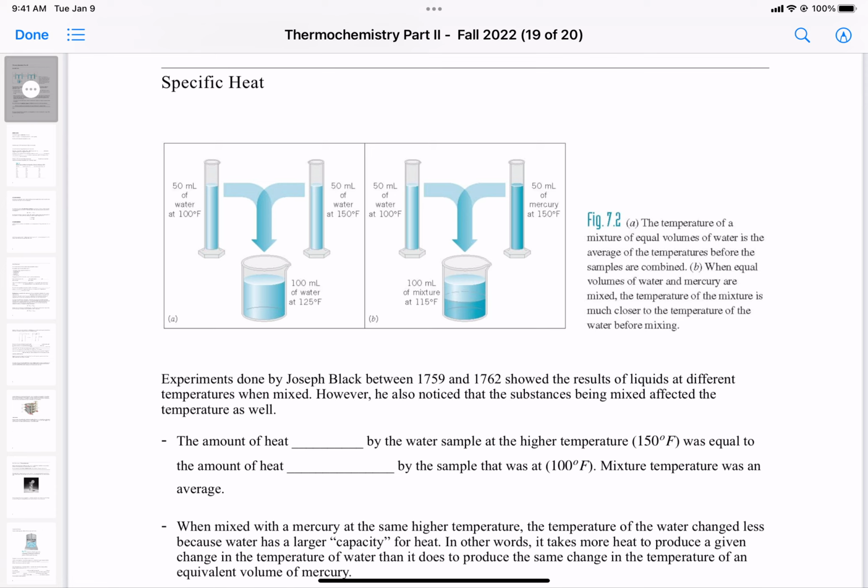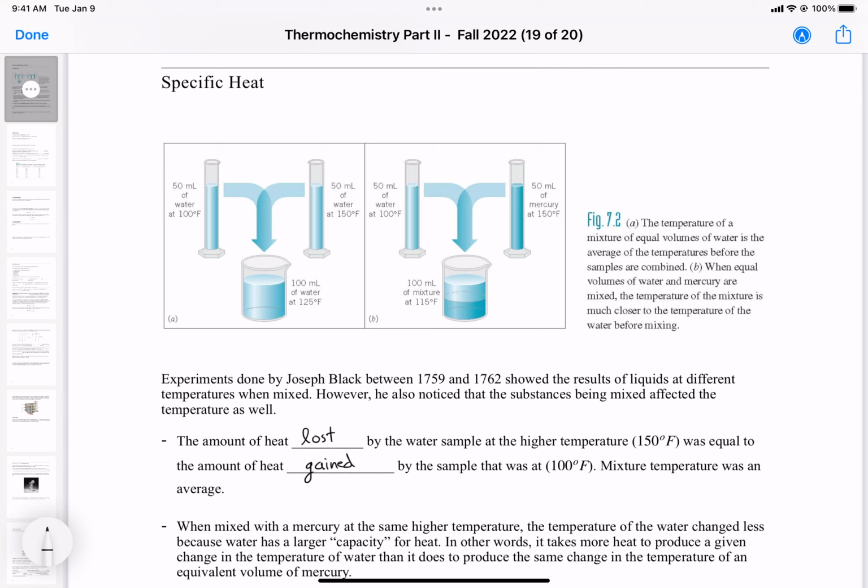And what we can say is the amount of heat lost by the water sample at the higher temperature was equal to the amount of heat gained by the sample that was at 100 degrees Fahrenheit. So the mixture temperature was an average of the two values, right? Okay?